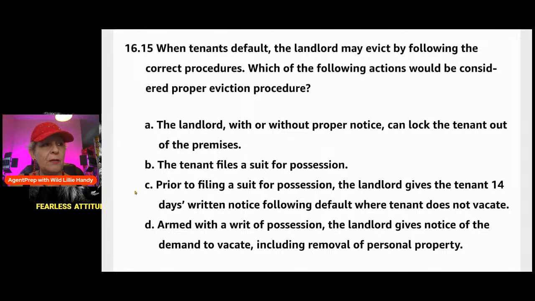C, prior to filing a suit for possession, the landlord gives the tenant 14 days written notice following default where the tenant does not vacate. Or D, armed with a writ of possession, the landlord gives notice of the demand to vacate, including removal of personal property. So which procedure is correct according to landlord-tenant laws?